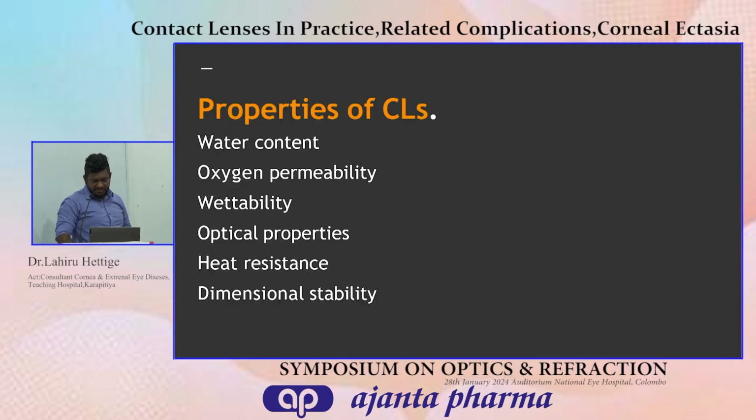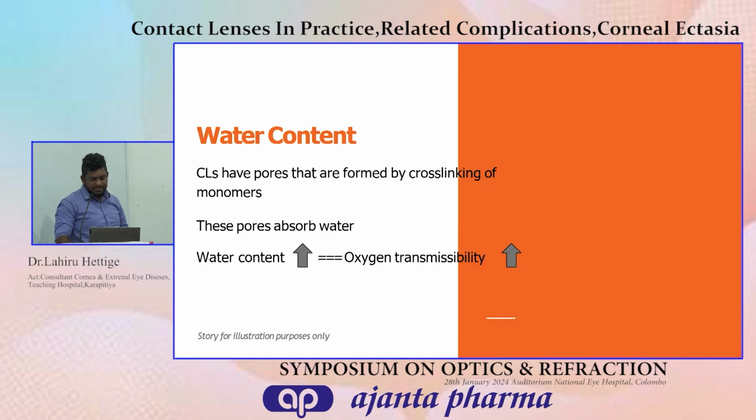I'll talk briefly on some of these aspects that are important in contact lenses. There are some terms such as water content, oxygen permeability, and wettability. Some of these aspects are questioned in exams. So what is water content?